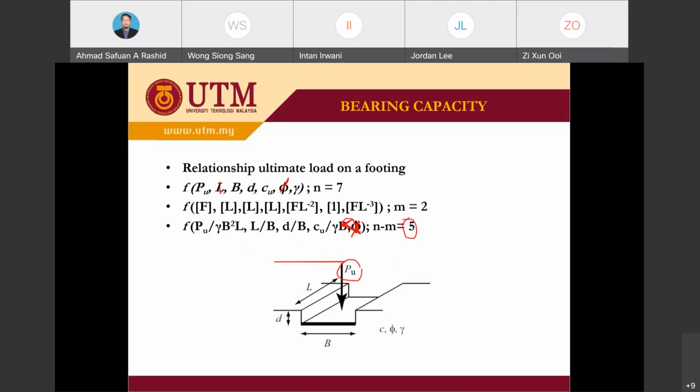For example, L over B, then D over B, and the rest is Pu kilonewton over gamma B square L, and then Cu over gamma times B. So it looks like the researcher is more interested in the B. So this is L over B, D over B, and B.